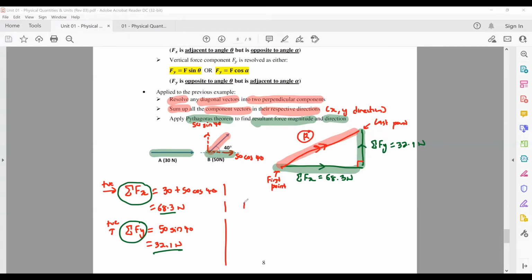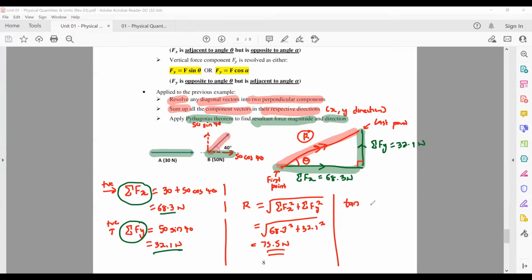So you can say that R is the square root of sum of Fx squared plus sum of Fy squared, which in turn will give me 68.3 squared plus 32.1 squared, in the end giving me 75.5 Newton.